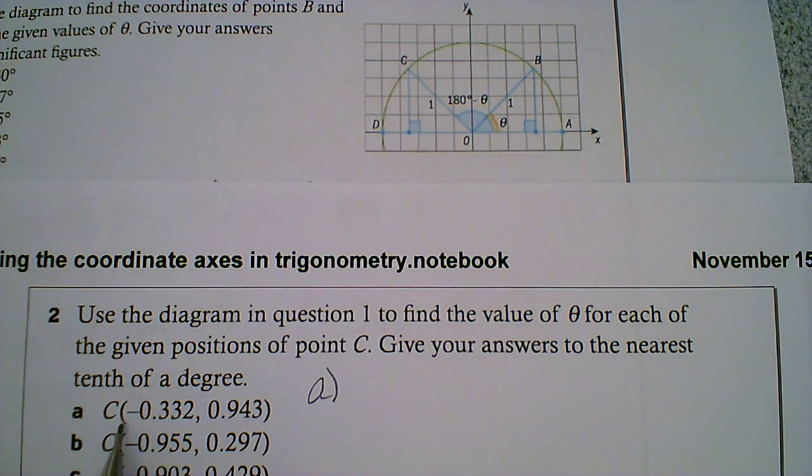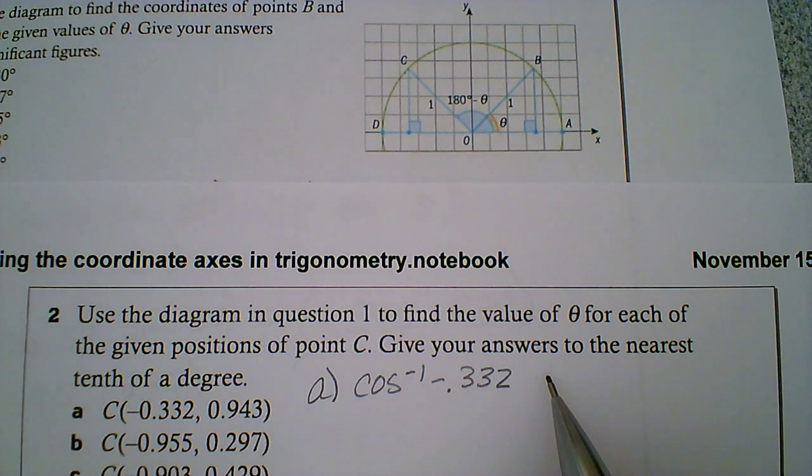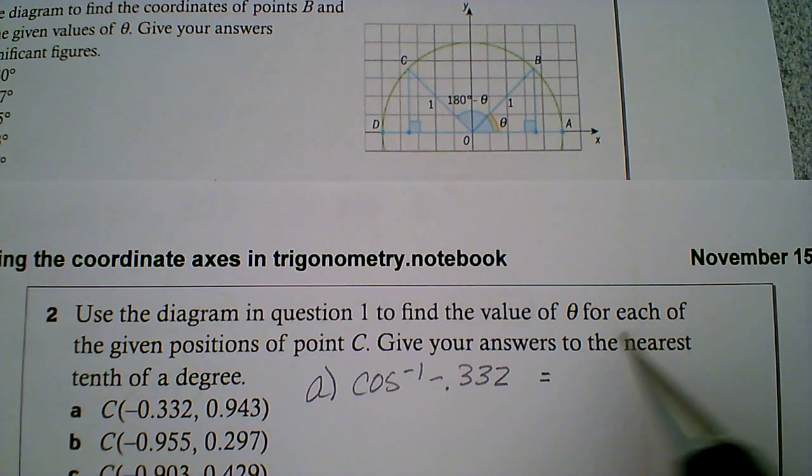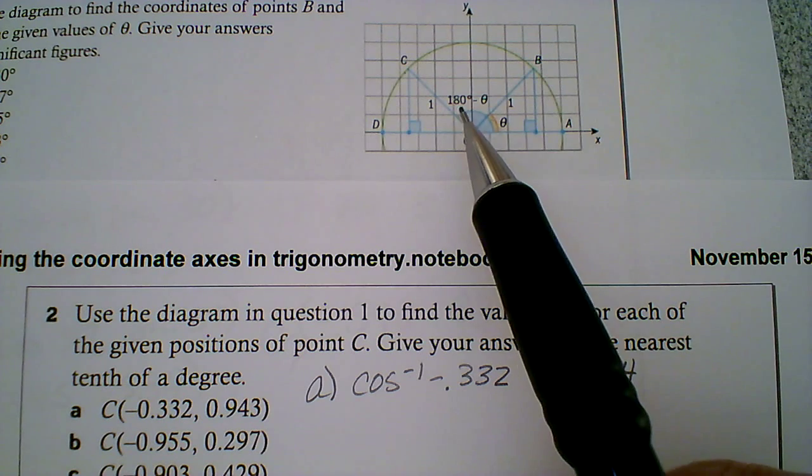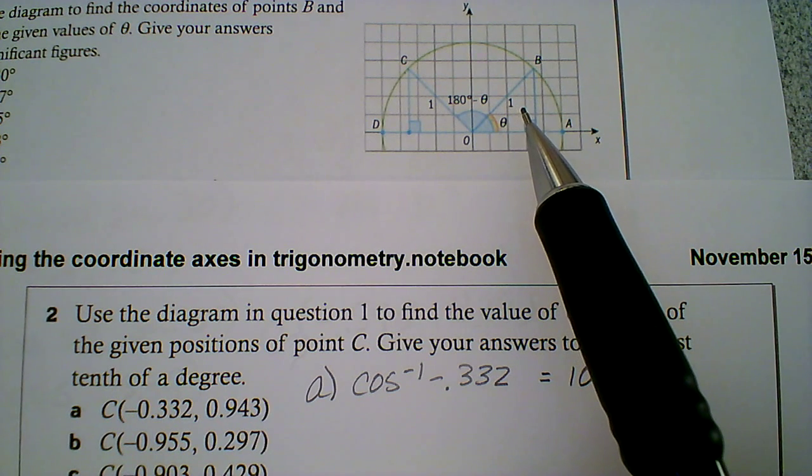For A, I have a cosine of negative 0.332. So that means I need to find the inverse cosine of negative 0.332. So when we do that in our calculator, we get about 109.4. So that means my angle measure is 109.4.